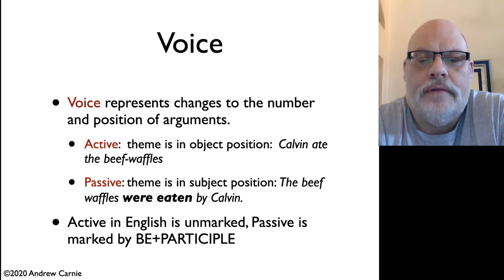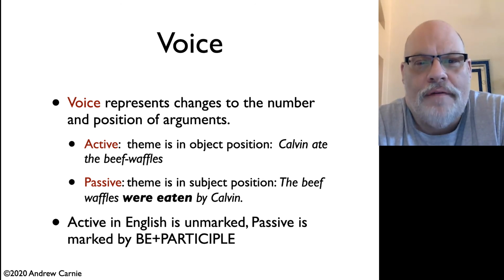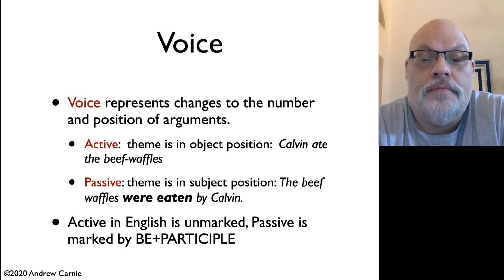Now, it's very important that you note this property of the bits that are involved in the passive voice. The logical object is in the subject position. The logical subject is in an optional by-phrase, and you have the special voice form of the verb, which is the verb to be plus a participle.